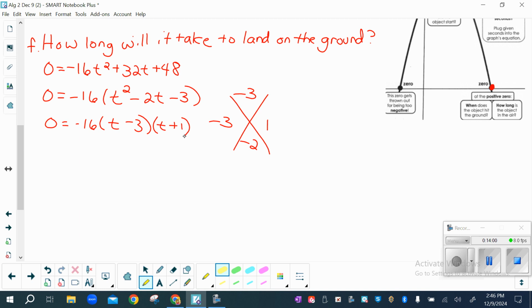What's my next step to solve this? What do we do with that negative 16? We divide it, we want to get rid of it. So 0 equals t minus 3 times t plus 1. What next? How do we solve that?